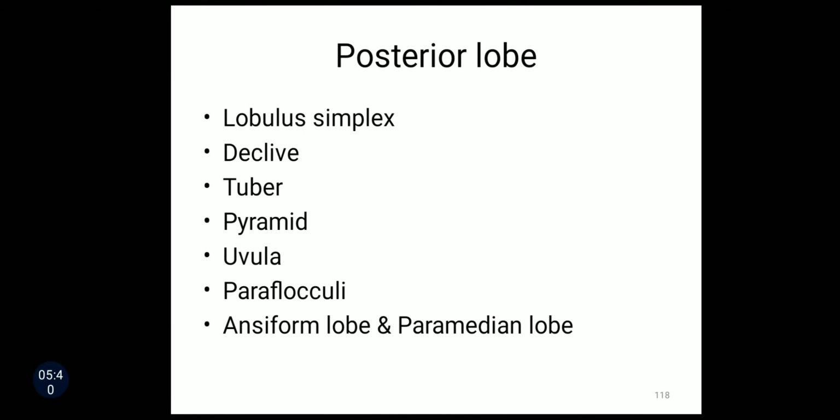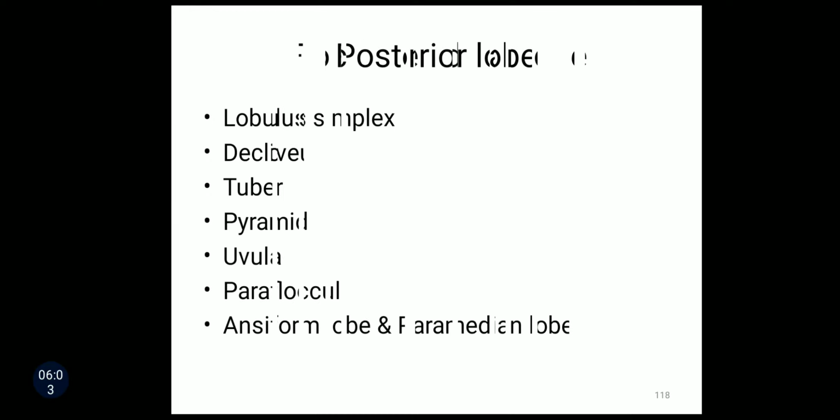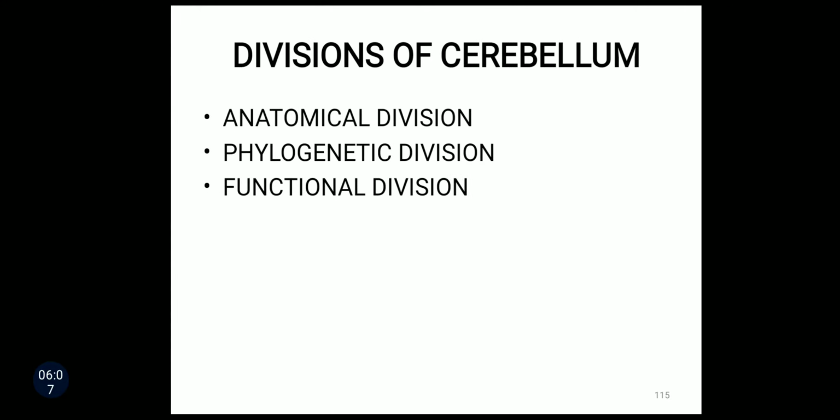Posterior lobe includes lobulus simplex, declive, tuber, pyramid, uvula, paraflocculi, ensiform lobe, and paramedian lobe. Then flocculonodular lobe includes nodulus and flocculus. So this is the anatomical division of cerebellum.